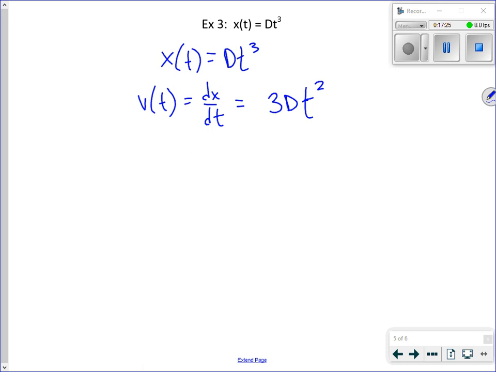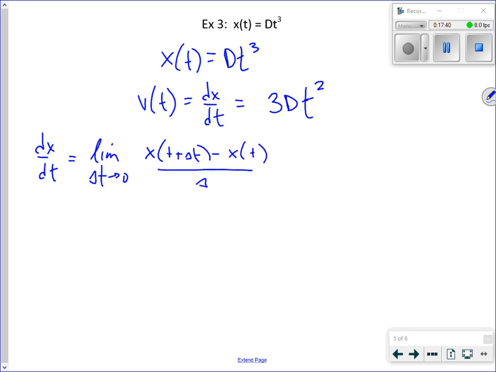So when you go through this exhaustive process of justifying that dx/dt by definition is the limit as delta t approaches 0 of x at time t plus delta t minus x at time t, all divided by delta t, you will, when you do it right, come up with that expression.